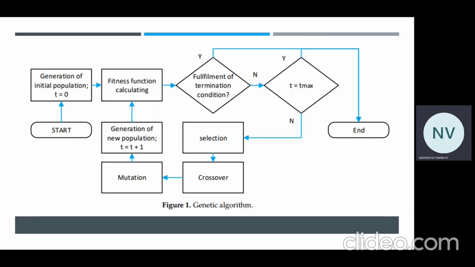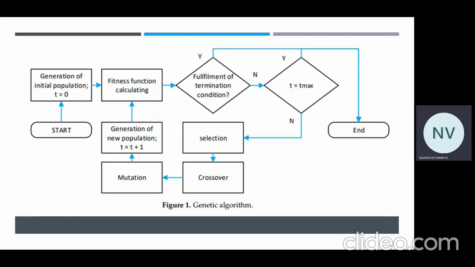After calculating the fitness of the individuals in the first population, we come to check the conditions to end. Sometimes the condition means a given number that we give to the system: t is Tmax. The next step is selection, where we choose the best individuals to crossover and mutate.